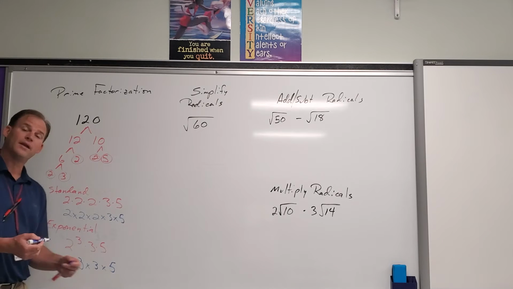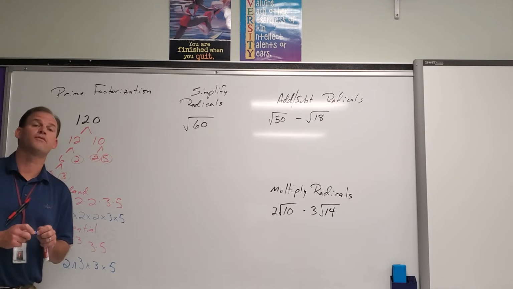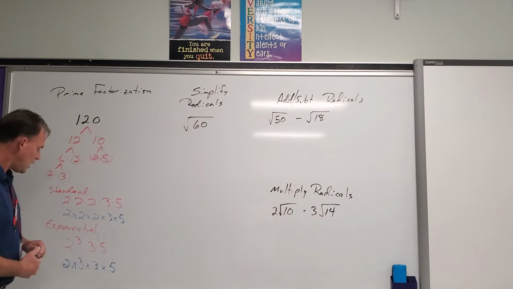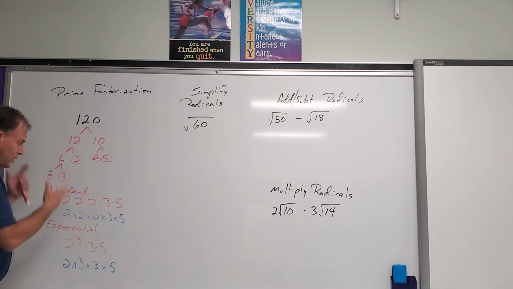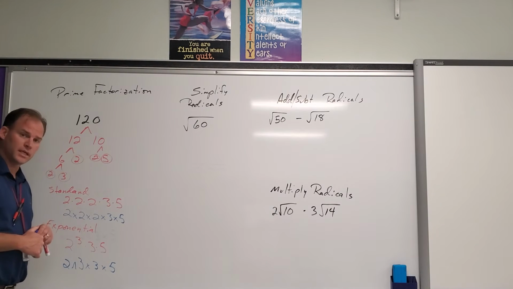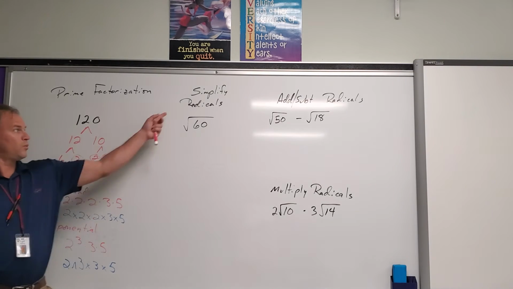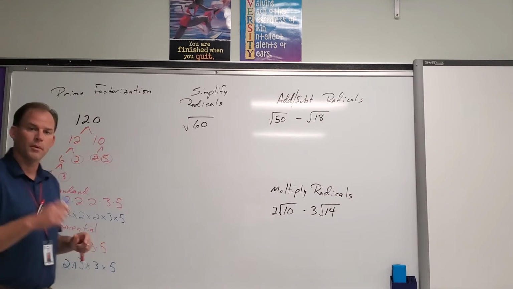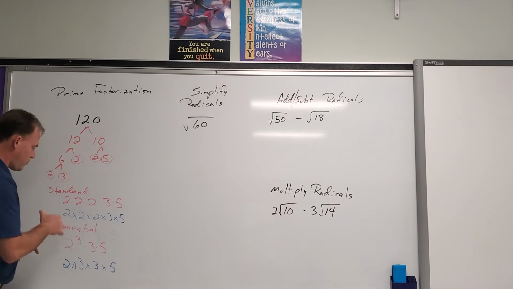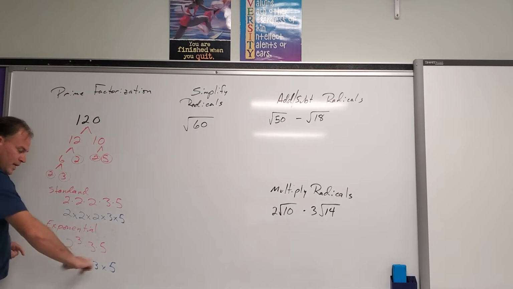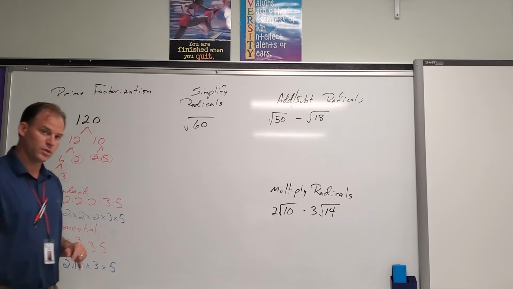Some of you put a 3 to the 1st, so it was marked wrong, but that's perfectly fine. I like that answer. So here we go. This is prime factorization. We use standard form when we're doing all our radical stuff, but make sure you read the directions, whether it wants your answer in standard form or exponential form when you're doing the Google quizzes.